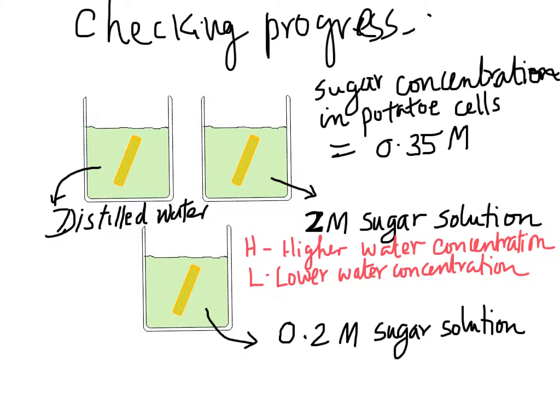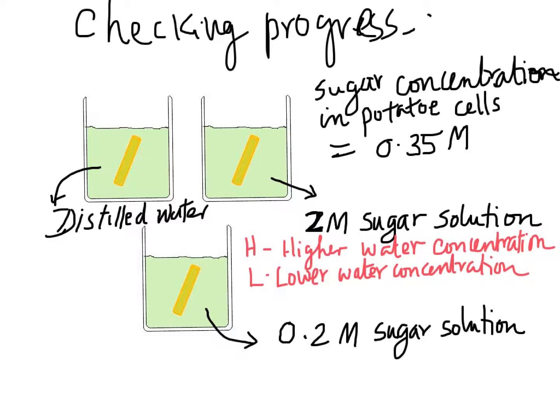So depending on the sugar concentration, water either moves in by osmosis or moves out of these potato cells by osmosis. Now carefully consider where you have a higher concentration of water and where you have lower concentration of water, because applying that principle you can predict which of these potatoes will increase in mass by the movement of water, in other words by osmosis.